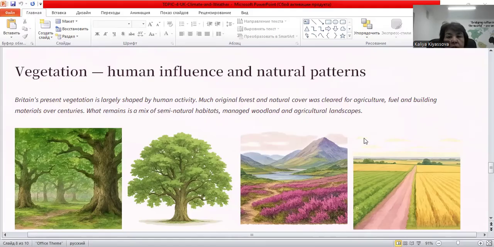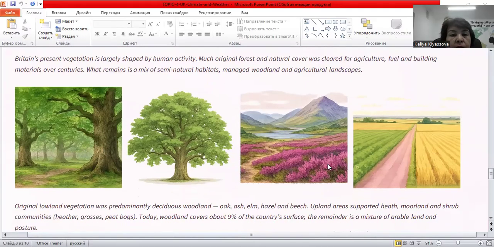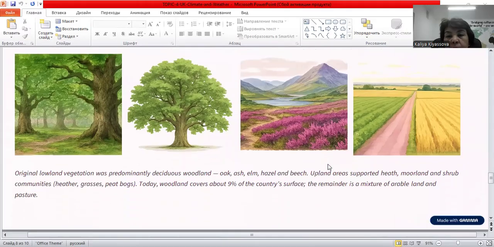Of course, there is a very rainy climate. That is why they have green landscapes. There is a lot of water and very rainy weather, lakes you see here, and farmland agriculture. Original lowland vegetation was predominantly deciduous woodland: oak, ash, elm, hazel, and beech.